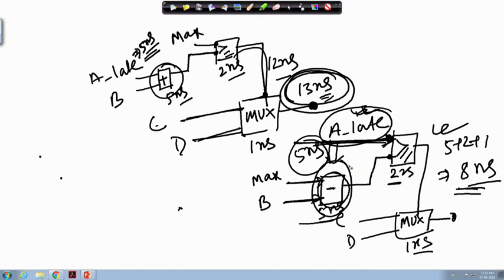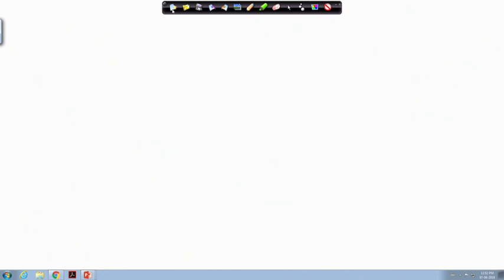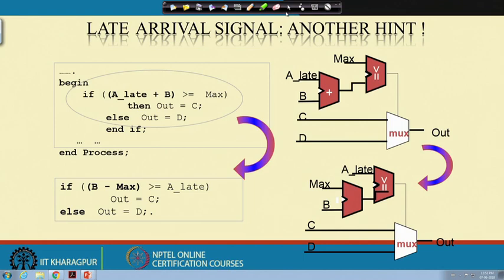Just before the arrival of this particular signal, I complete the job beforehand, and then I do the rest of the operation. So, this is one simple example by which I can easily get the benefit of improvement in speed.